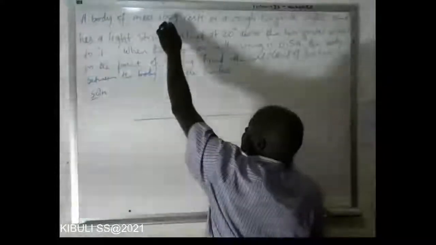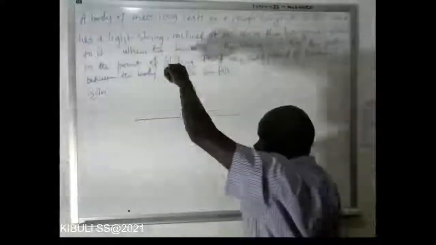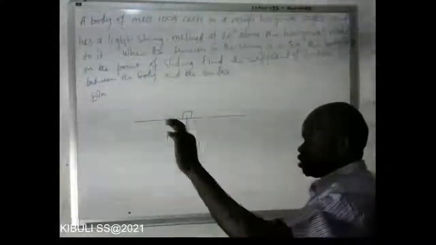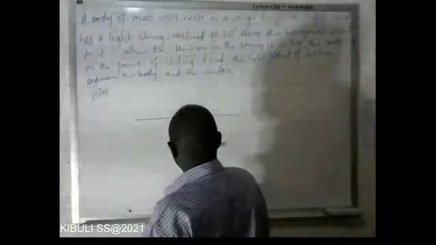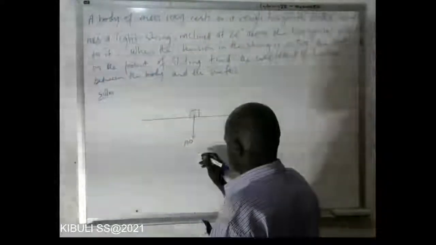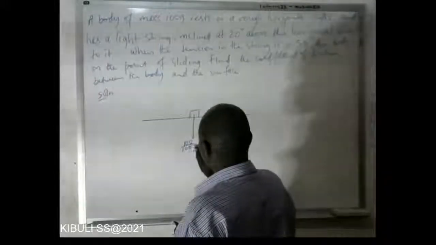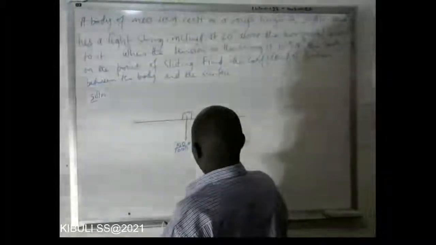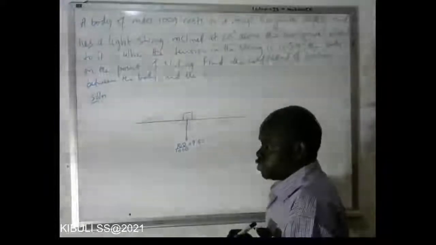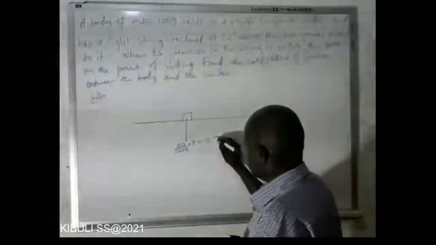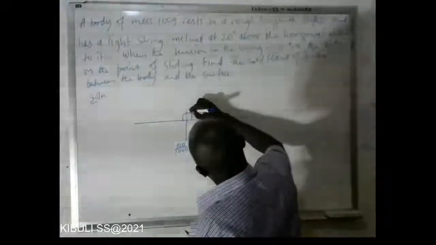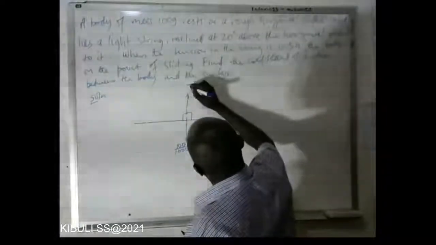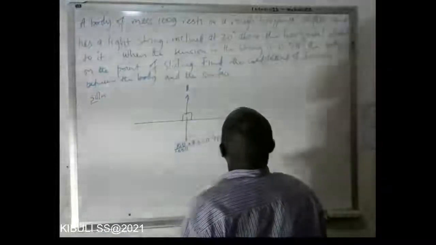Since the mass is 100 grams, the weight is the mass in kilograms times the acceleration due to gravity. When you calculate this, you get 0.98 newtons. The normal reaction is in this direction.